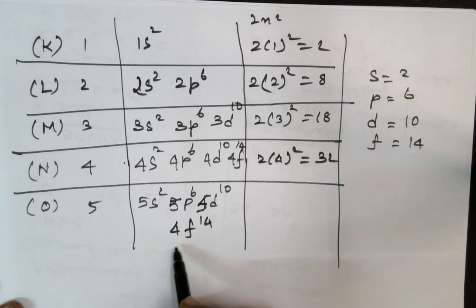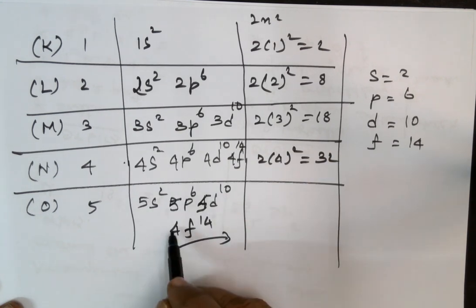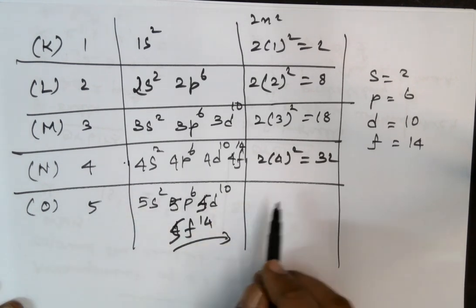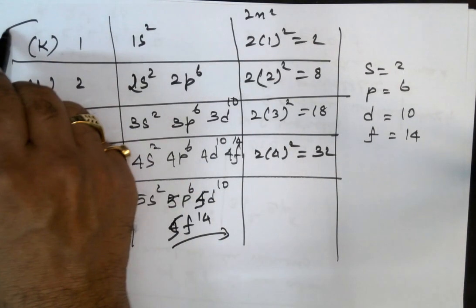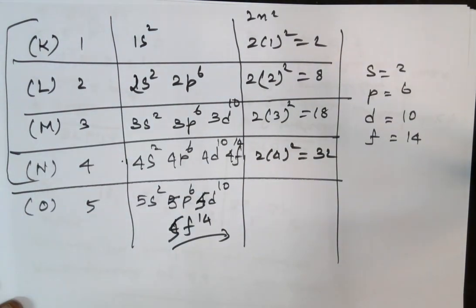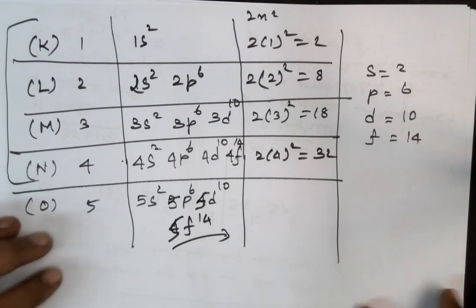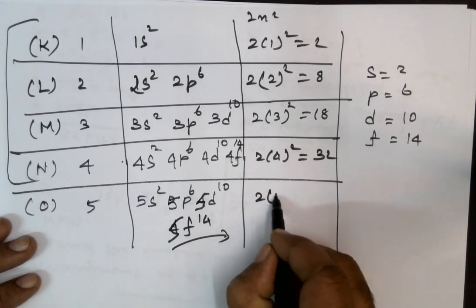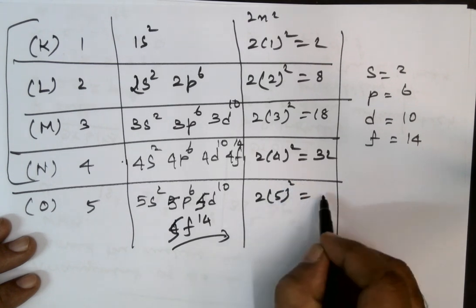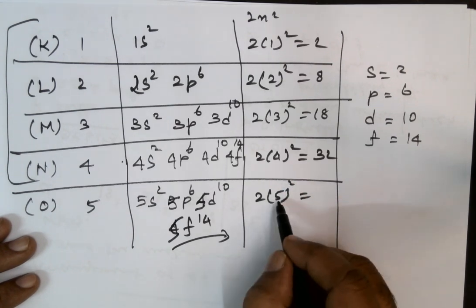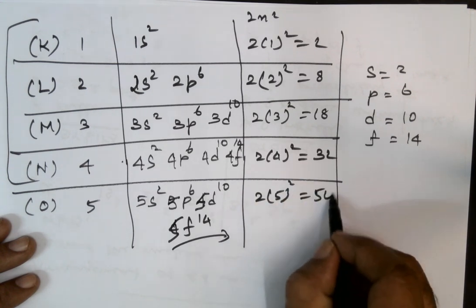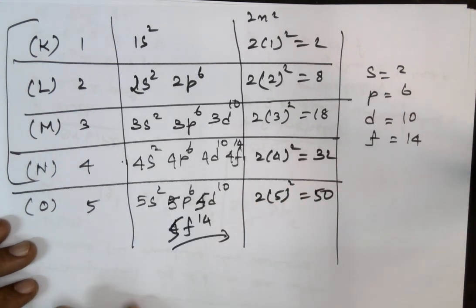So we will have more complicated orbitals here, 5f. So it is understood that at least you should know up to n. Now how much do you expect here? 2 into 5 squared, that is 25 into 2, 50. So likewise it goes.